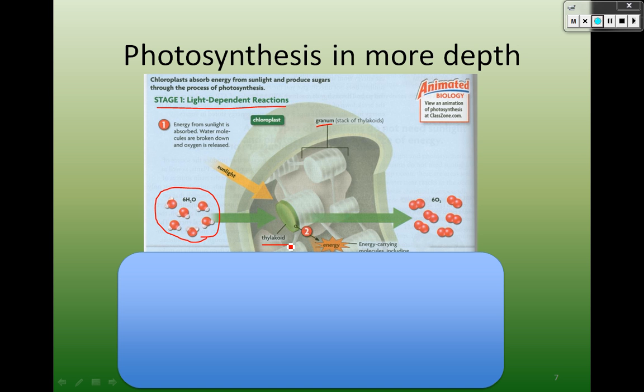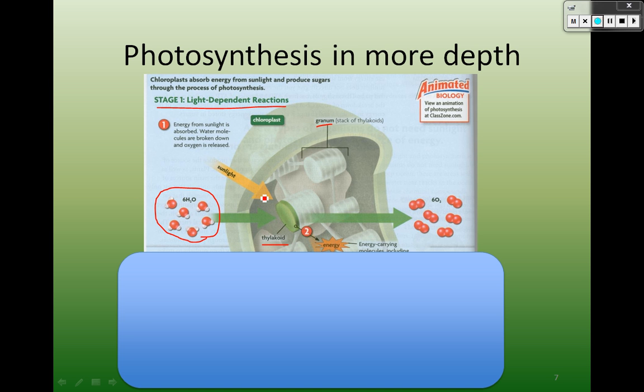You don't need to remember these words, but I may refer to them in class, so it's good to at least be like, oh yeah, she talked about that. That's something in a chloroplast. So the first part, the light-dependent reactions, takes place in the grana of the chloroplast, and the water enters, and the sunlight, if you remember we talked about earlier that you need a lot of energy to break water apart.